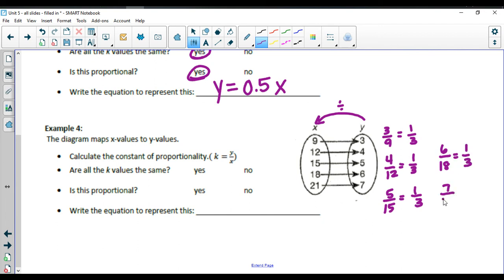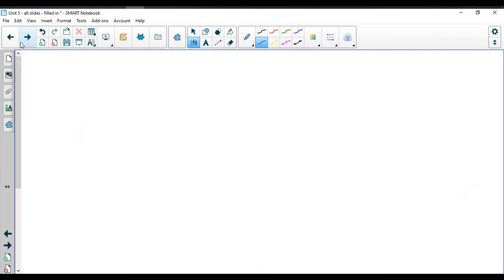And 7 divided by 21, which also gives us 1/3. So all the k values are the same. Yes, this is proportional, and our equation is y equals 1/3 x. And that's it for the first part of your constant of proportionality, crazy K.